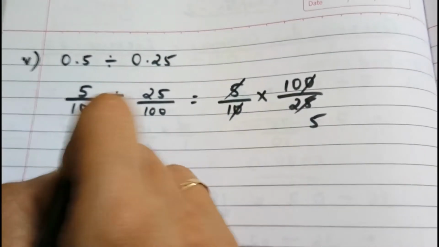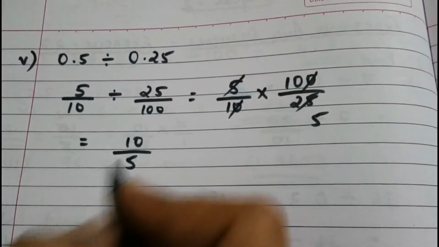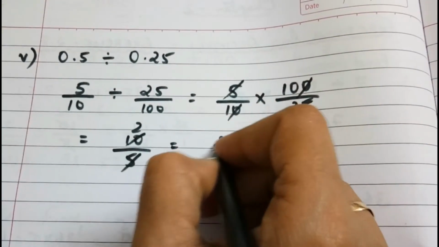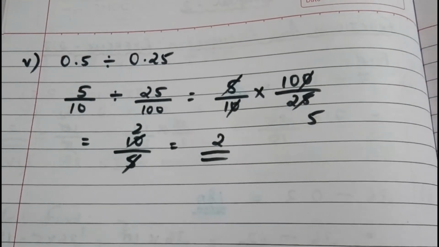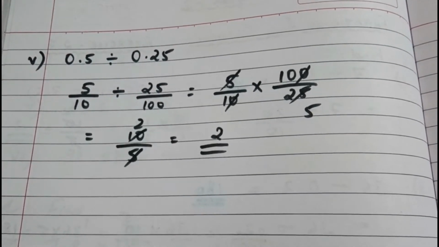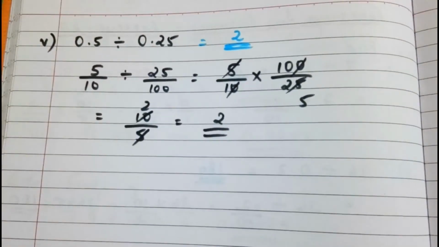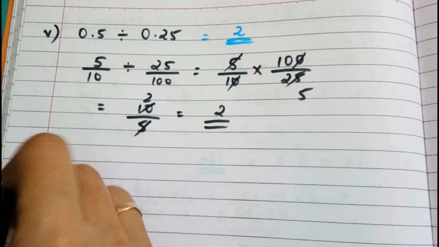So what is remaining here? 10 by 5. Simple. 5 will go in 10 how many times? 2 times. So what is the answer? 2. Clear? So what is the answer of this thing? It is 2. Right?